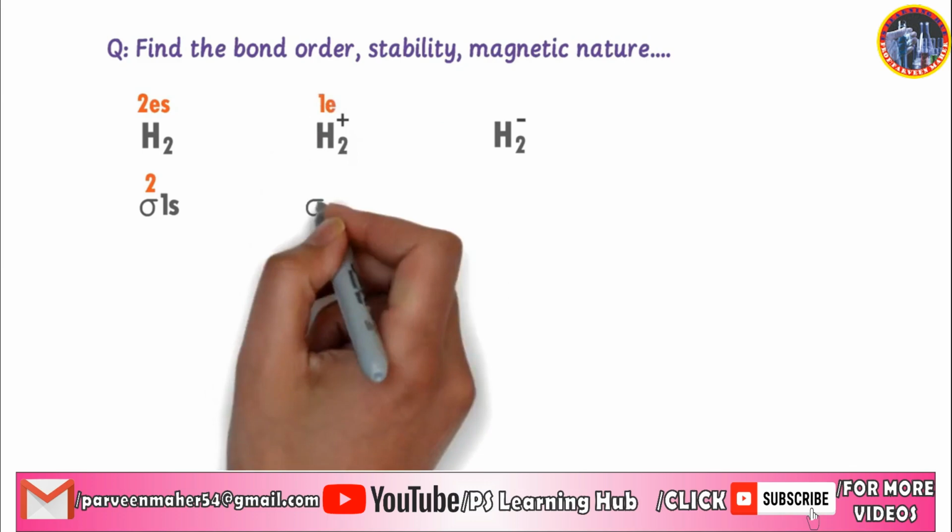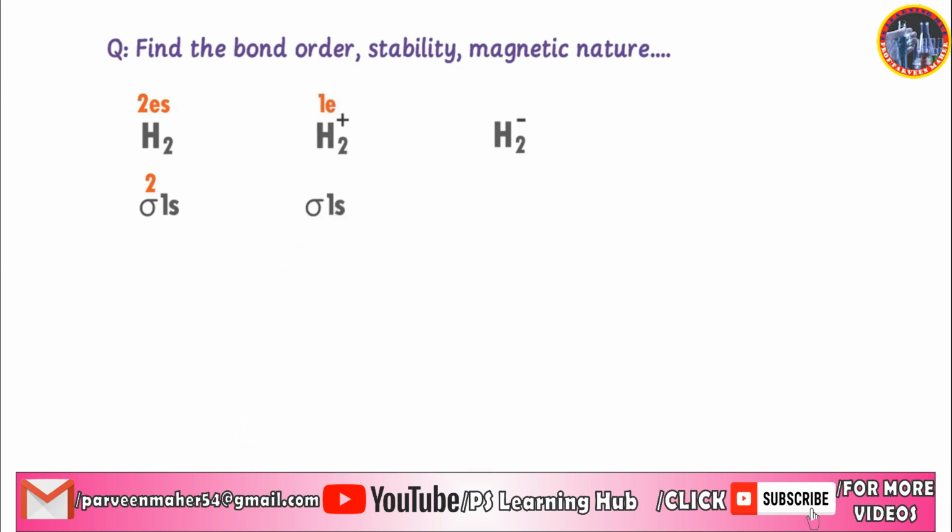So I write sigma 1s and it can accommodate the 1 electron of the H2 positive ion. Thirdly, in the case of the H2 negative ion, there are 3 electrons present in it. So I write sigma 1s which can accommodate 2 electrons. I write sigma star 1s which can accommodate the remaining electron of the H2 negative ion.